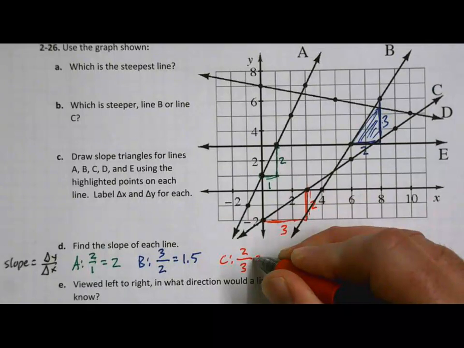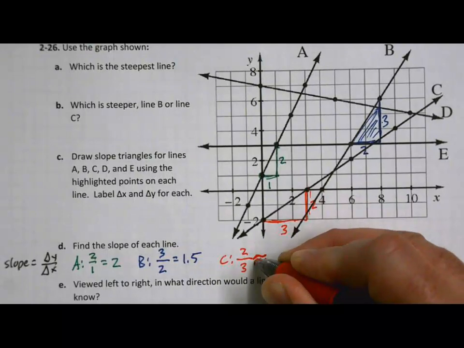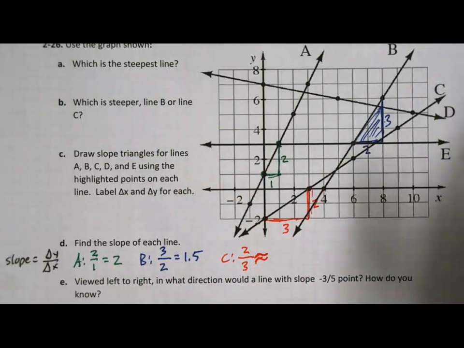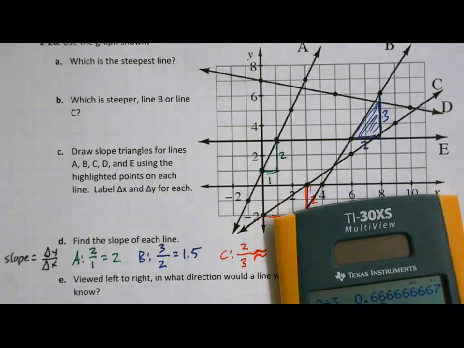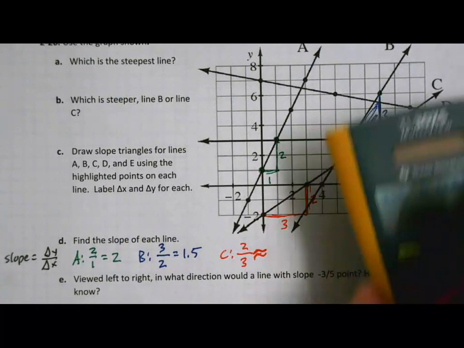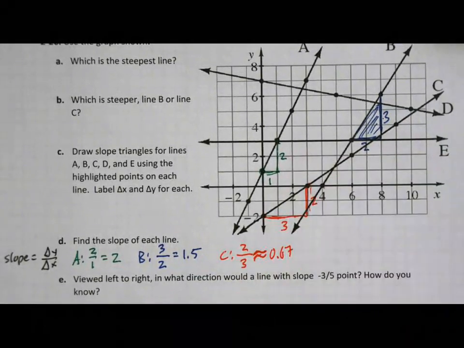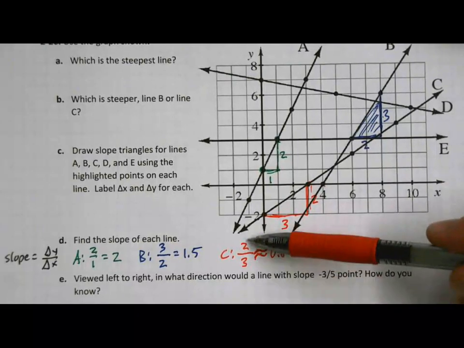It may be helpful to look at the rounded decimal, but I'm going to change my equals to the squiggly equals, which means it's not exactly this, but it's pretty close to, and let's round it off to a couple decimal places. So 0.6, and should I change this 6 to a 7 or leave it as a 6? It depends on the next number, which is bigger than 5, so we'll change that to a 7. So that's about 0.67. The squiggly equals means it's not exactly that, but it's close to it. If I wanted an exact value, I would need to leave this as a fraction.